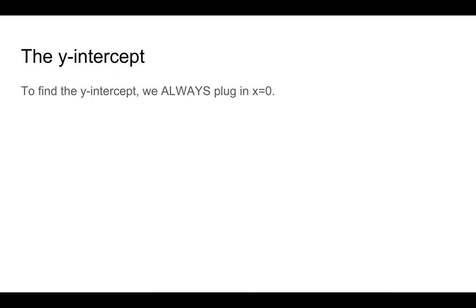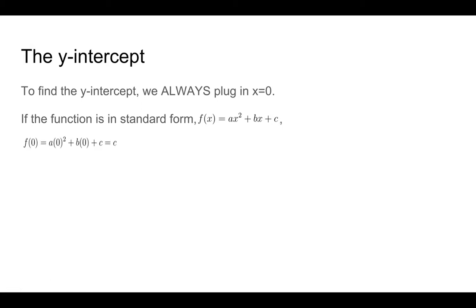Okay, y-intercept, really easy. We know how to do that. We always plug in x equals 0. So if our function is already in standard form, remember standard form, f of x is ax squared plus bx plus c, then finding the y-intercept is the easiest thing ever.